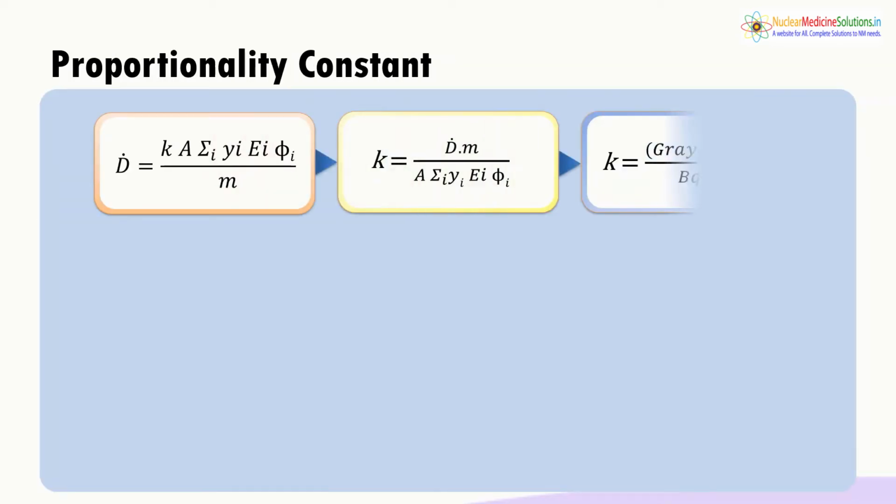In the same formula, if we solve to know the value of K, it will become D dot into M divided by A sigma i E i into phi i, and when we write the units of all these terms, D dot is gray per second, which is the unit of absorbed dose rate, mass is in kilograms, activity A has a unit of becquerels, Y i has no unit, E i means energy is in joules, and phi i again has no units.